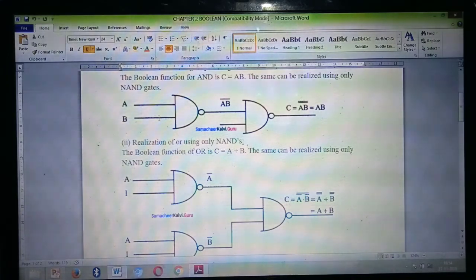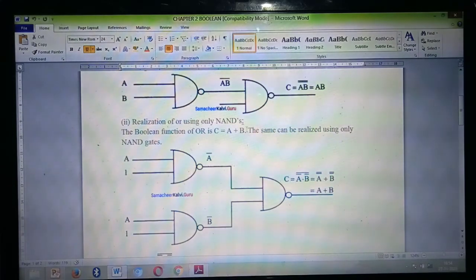But in the exam you should draw using pencil and scale. First diagram completed. The Boolean function of AND is C equal to AB. Complete the first diagram, then draw the second diagram.